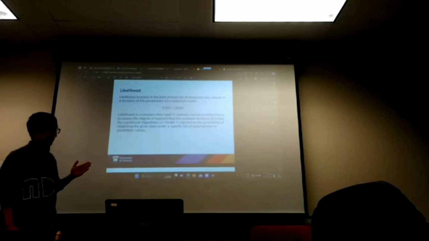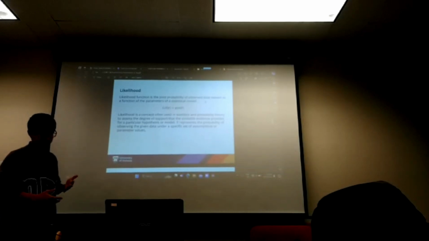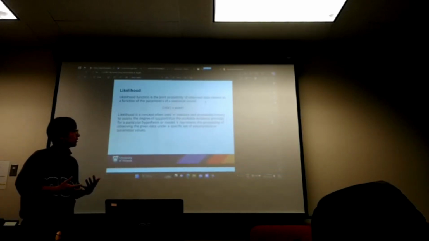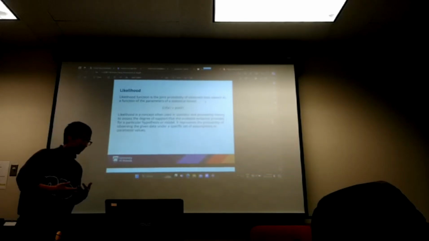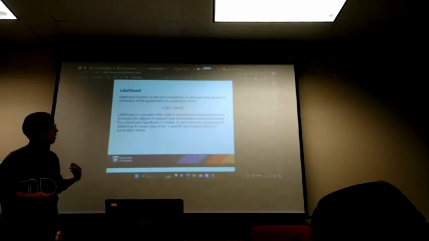Likelihood means the joint probability of observed data. That means we have a data set, and when we set our parameters randomly, we will have a probability.